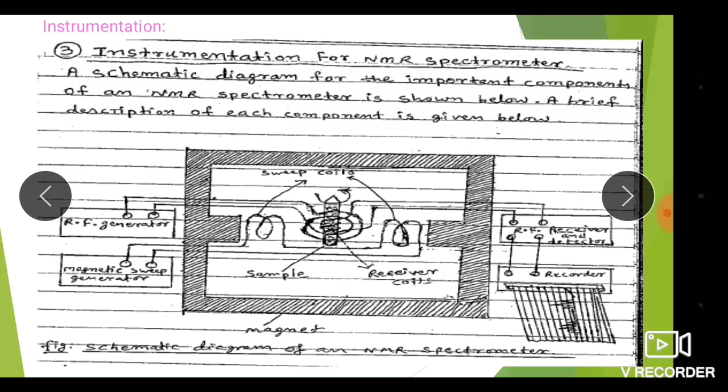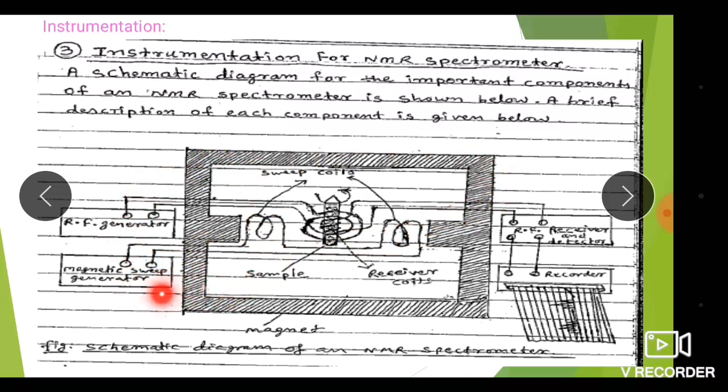For the instrumentation of the NMR spectrometer, the schematic diagram of the important components is shown in this figure. What is happening here?